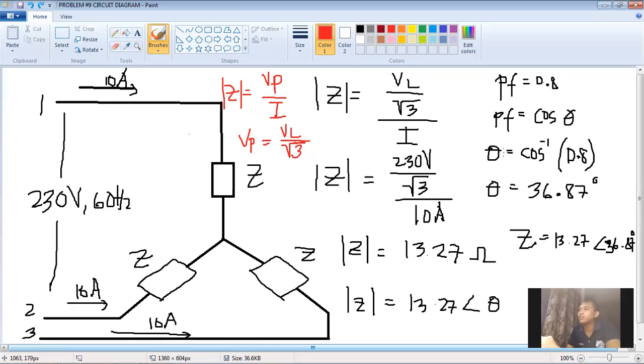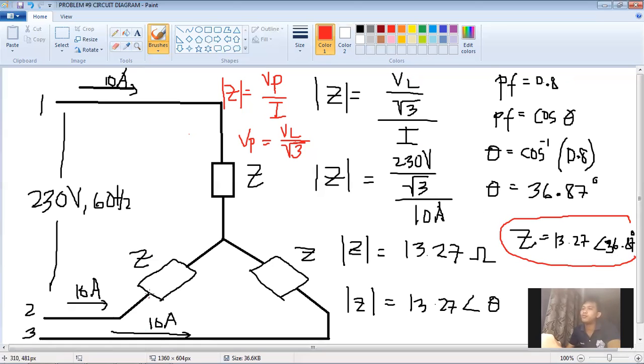Since we're getting theta, that is cos inverse of the power factor 0.8, so theta is 36.87 degrees. So our impedance is 13.27 angle of 36.87 degrees. Take note of this impedance, as we will be using it for the follow-up questions.